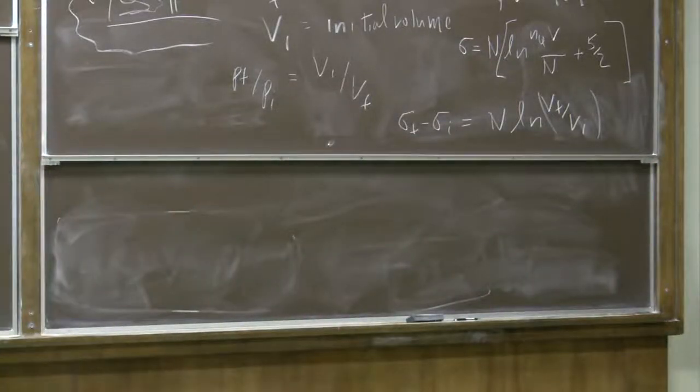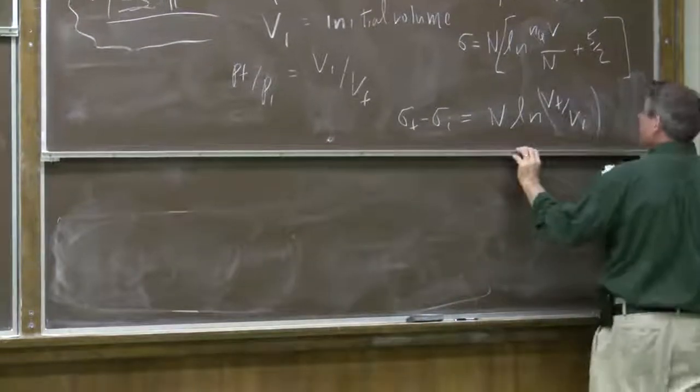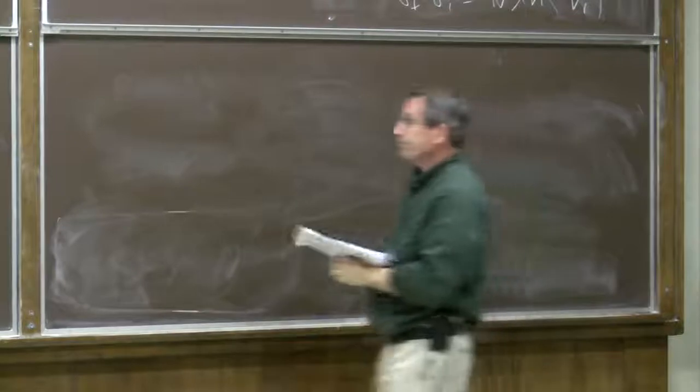So when the gas expands, the entropy goes up. Makes sense. It has more accessible states. When there's more volume, there are more places for the gas molecules to be. More states, higher entropy.